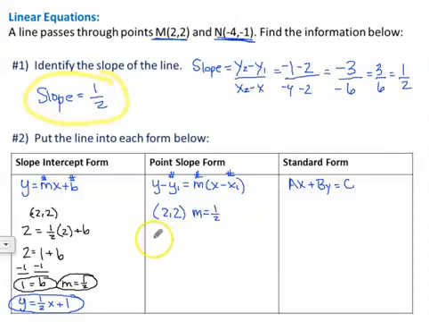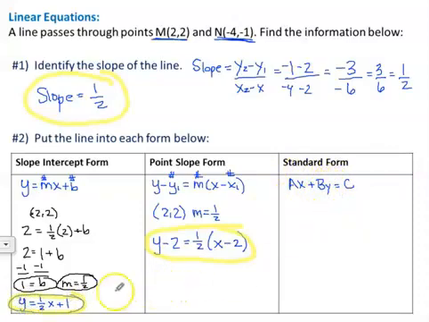So let's plug that in to point-slope form. So y minus 2, my y coordinate, equals m, I substituted my slope, 1/2, times x minus x1, which happens to be 2 as well. And I'm done. That's our point-slope form right there. Let me go ahead and circle that.